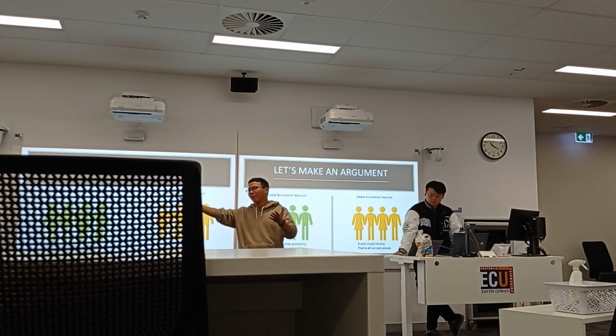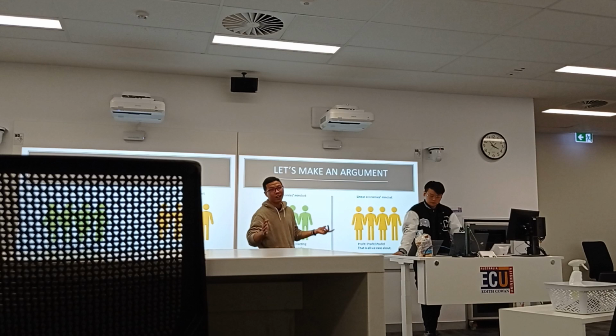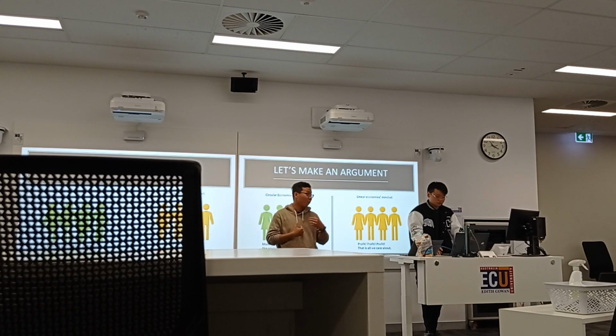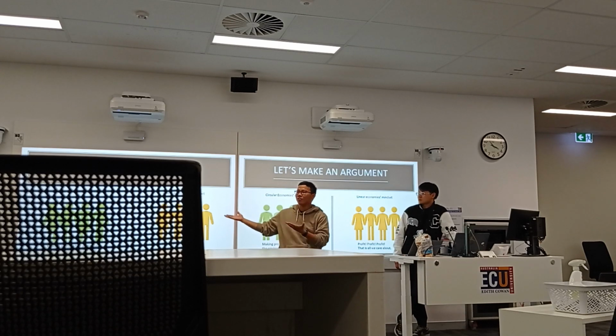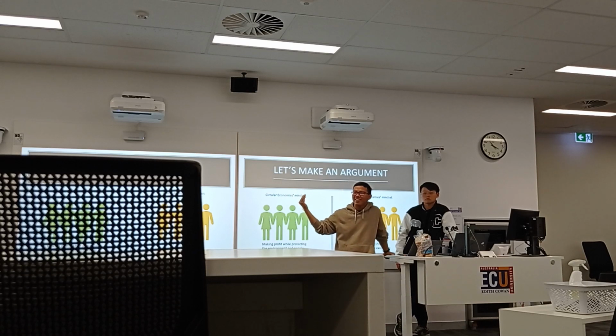The other half is going to have the circular economy mindset, which means you are making profits, but you also care about the environment and people's health and well-being. So now let's make an argument. You guys are the circular economy mindset. You have to somehow convince us from the linear economy mindset to transition into your circular economy mindset. So you guys go first. What is the benefit of circular economies?